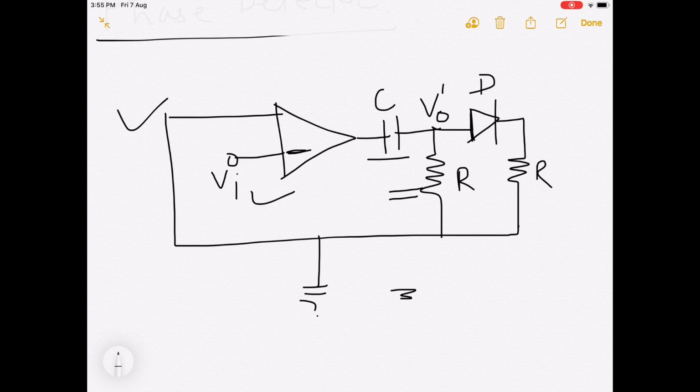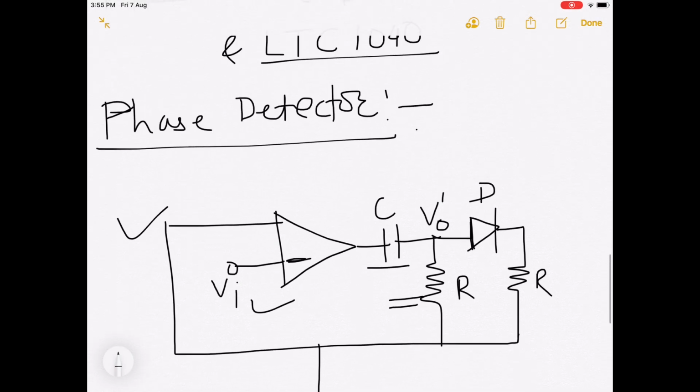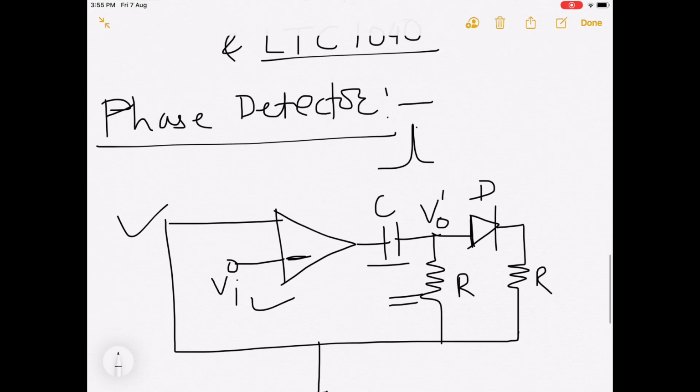The value of RC is made much less than the time period T of the input signal Vi. This helps in generating steep pulse spikes like this, steep pulse spikes which can act as time markers.